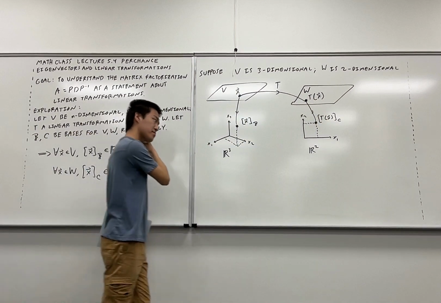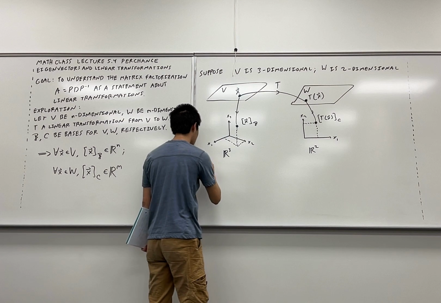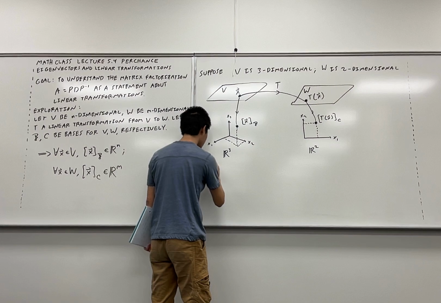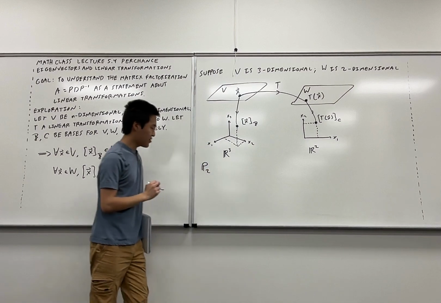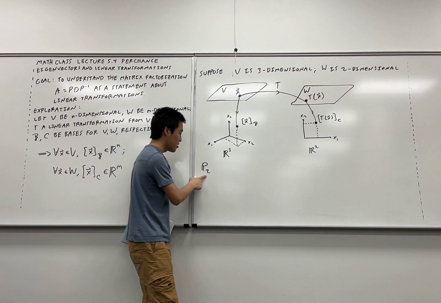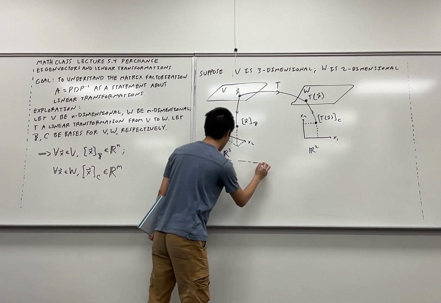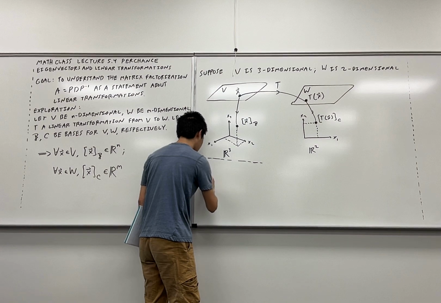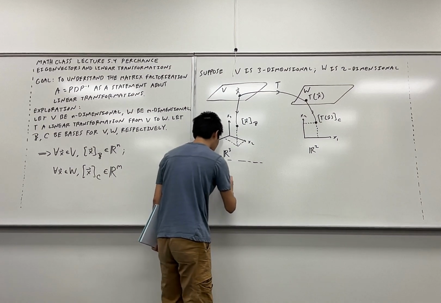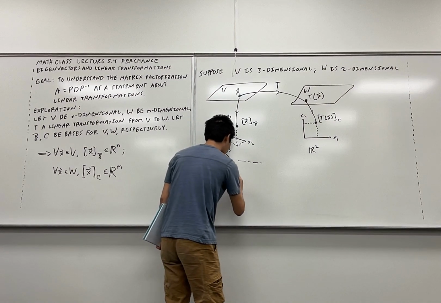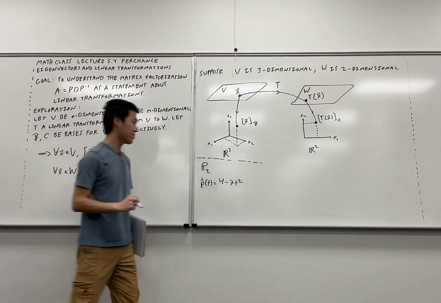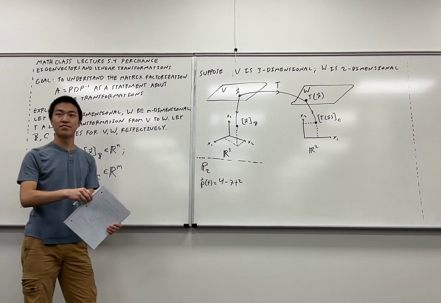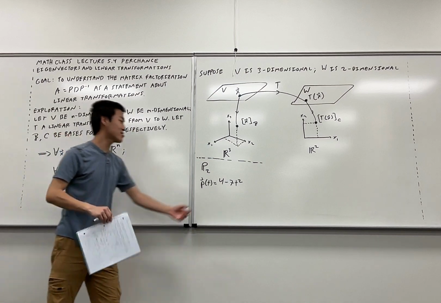Well, say I had a polynomial. Let's do quadratic. So P2, and this is going to be our set of polynomials. Then I have some polynomial vector, say P of t is equal to 4 minus 7t squared. Okay? Now, does that look like a column vector? Absolutely not. This looks like a polynomial.